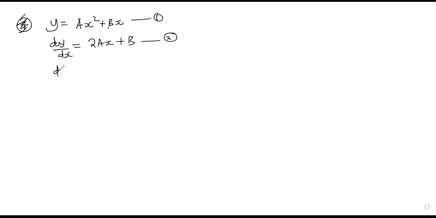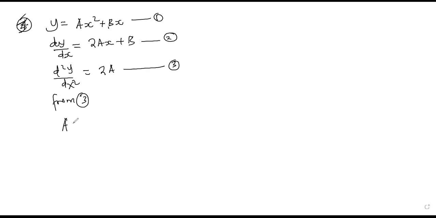So I can look for the second derivative, d2y dx squared. When you differentiate for the second time, this is going to give you 2a. So I call this one my equation 3. Now it means that from equation 3, I can get the constant a.